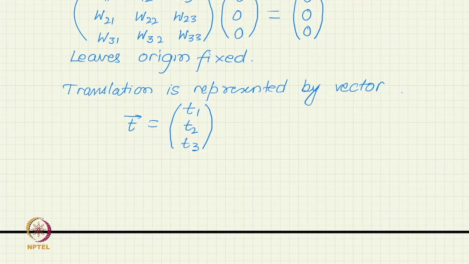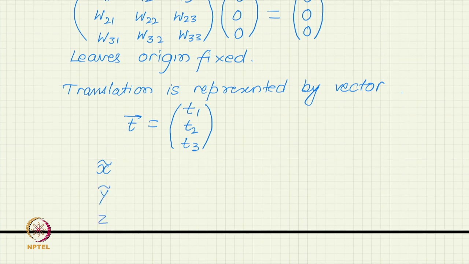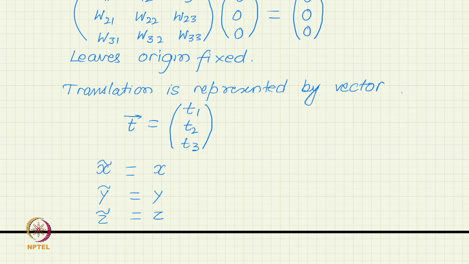When we say that something is being translated, the x y z point will be shifted by the translation components T 1, T 2 and T 3.